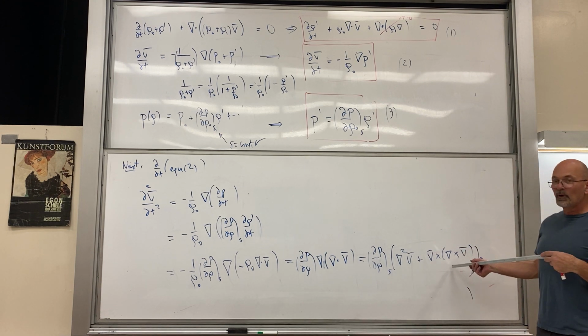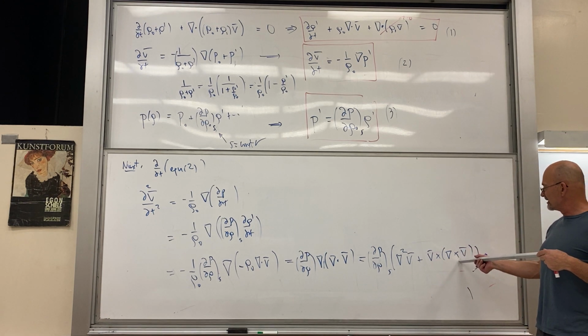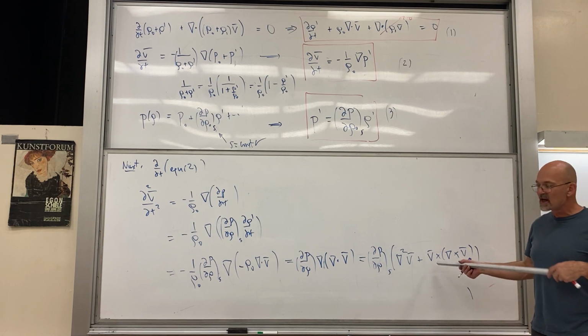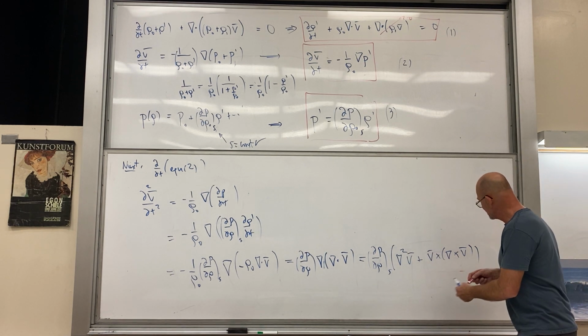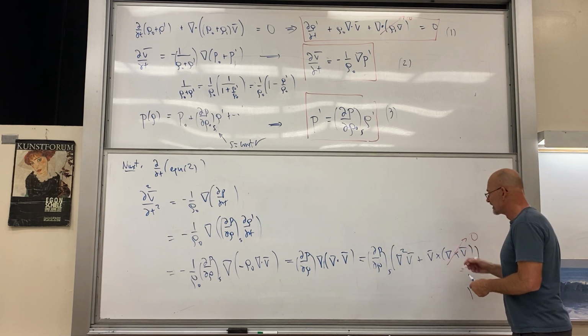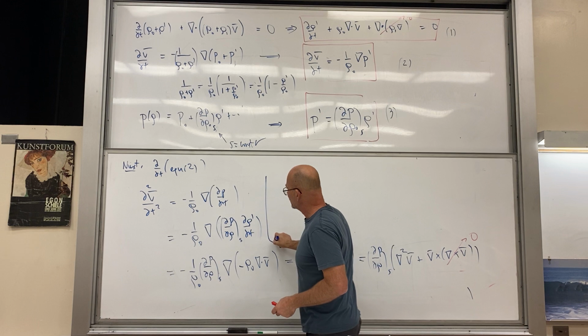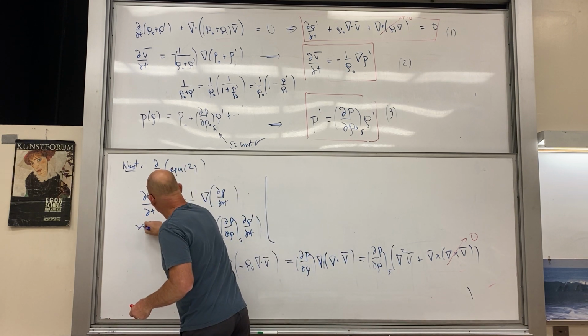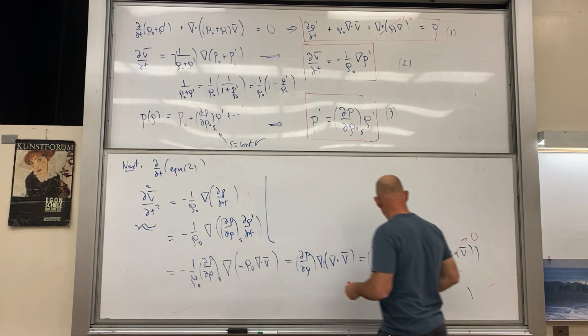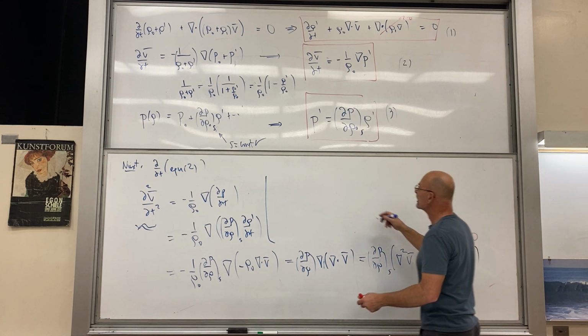Curl of v is supposed to vanish. Potential flow, small oscillation. So that's why we can kill this one. And we again have our wave equation. So just to show you what we have, we've got d squared v dt squared, and we're left with this.